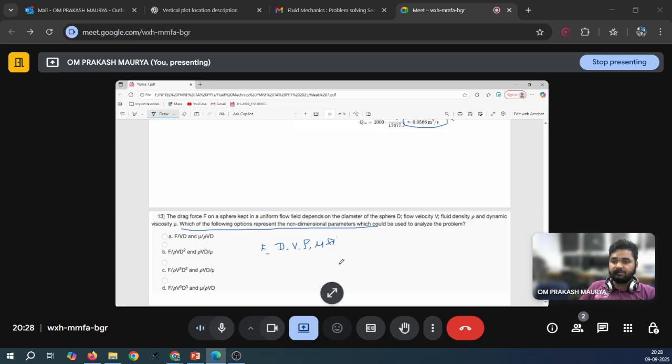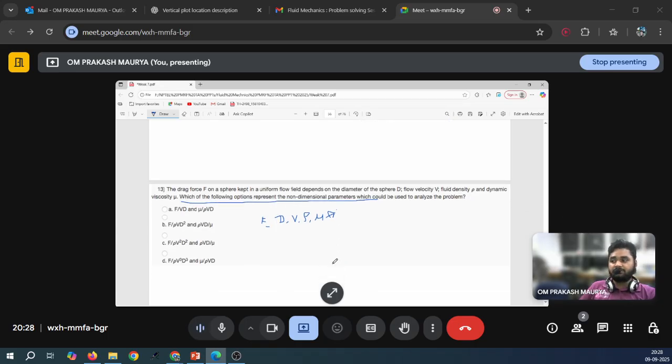So using the Buckingham pi theorem, you can easily calculate, or you can also guess. You have to know already from your last classes, rho v d divided by mu. This is your Reynolds number.